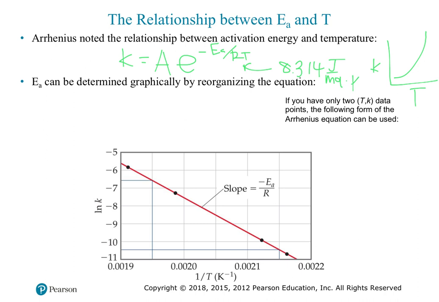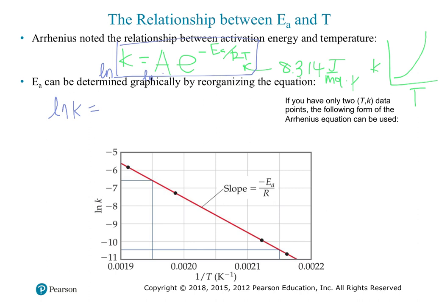Well, we can take the natural log of this whole equation. And keep in mind, this is an equation you need to know. If we take the natural log of both sides, what we get is natural log of the rate constant equals the natural log of A times e gets split apart by adding.